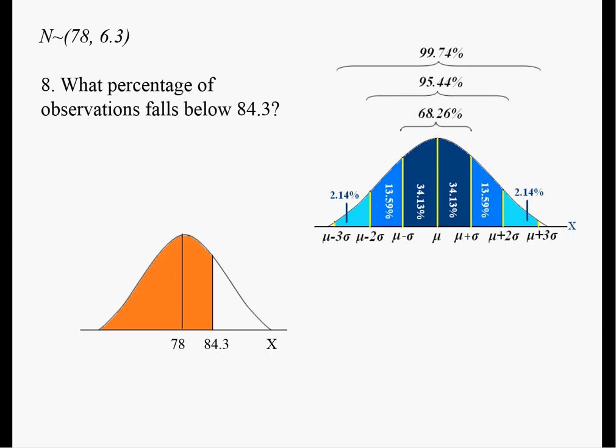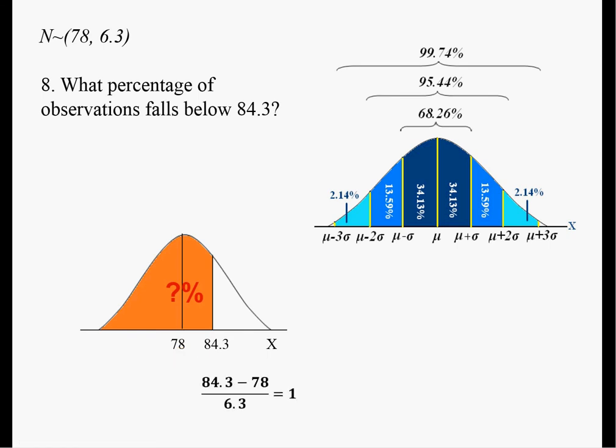Again, this whole area is formed by a combination of two areas, by this slice from 78 to 84.3 and the half of the distribution. So we need to first figure out the size of this slice. For that purpose, we need to figure out between 84.3 and 78 how many standard deviations there are.